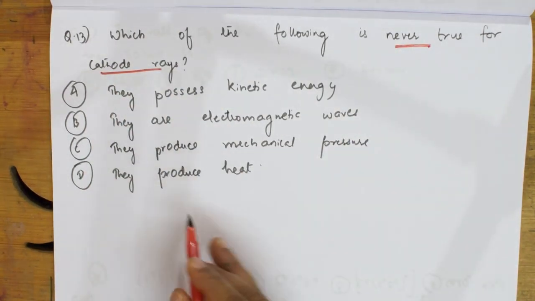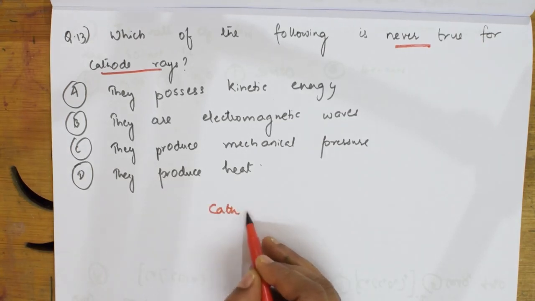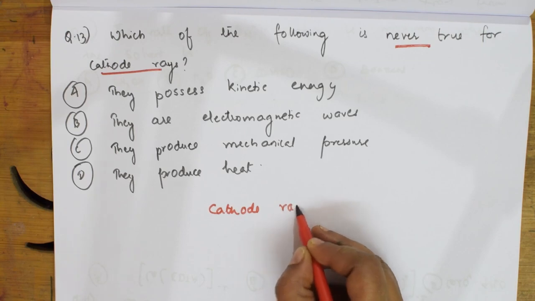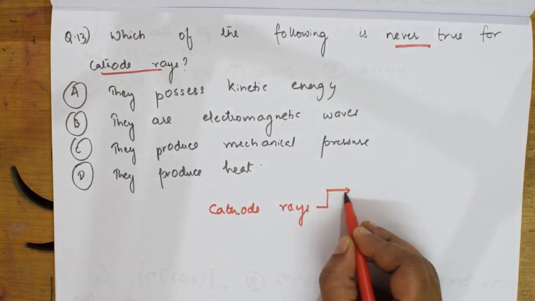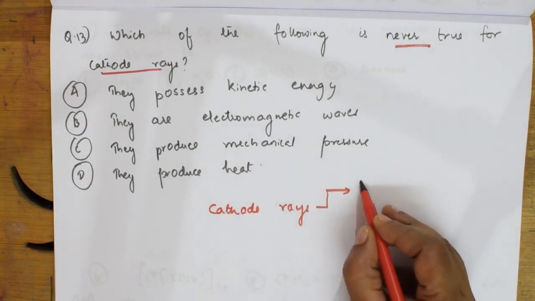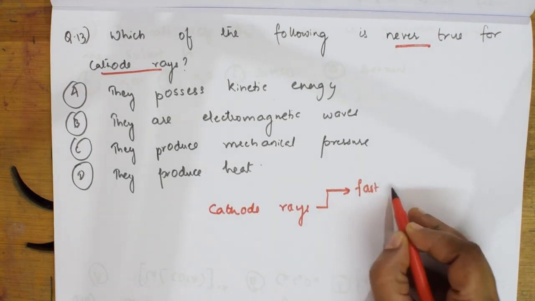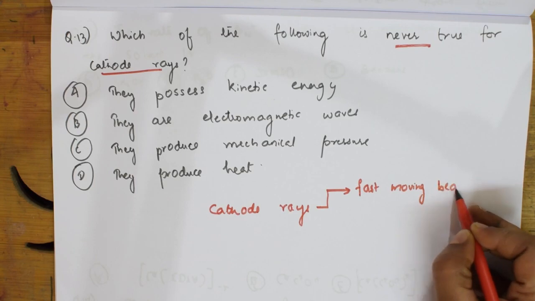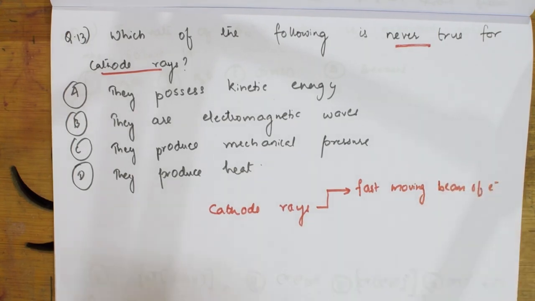Okay, let's see. When I have to speak about cathode rays, the important concept I have to remember is that cathode rays contain a fast moving beam of electrons in the discharge tube.